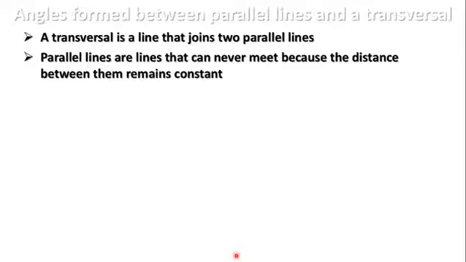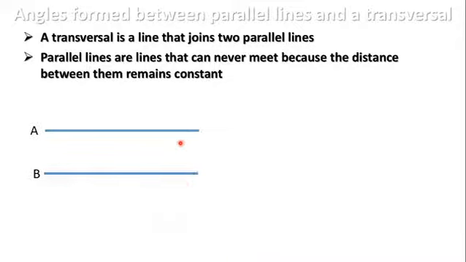Okay, so now let's have this line, which I'll call line A, and then another line which will be line B. Now these 2 lines are parallel. You can see clearly, even without measuring, that the distance between these 2 lines remains constant.